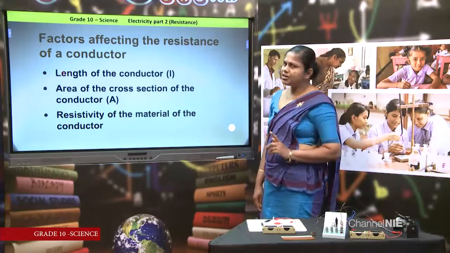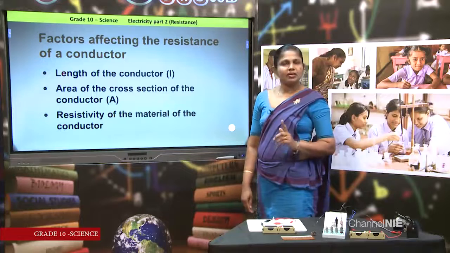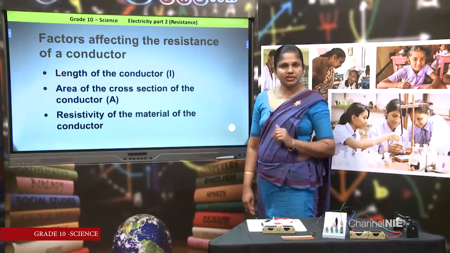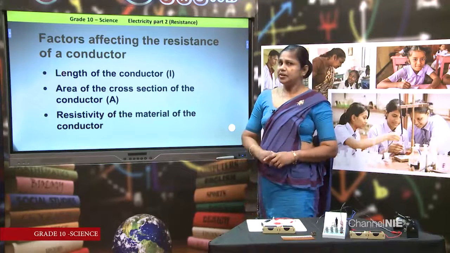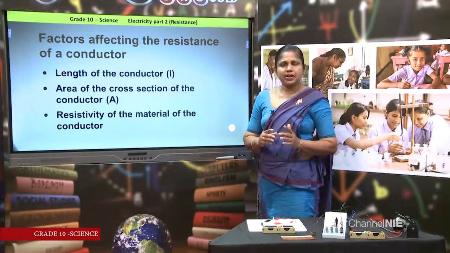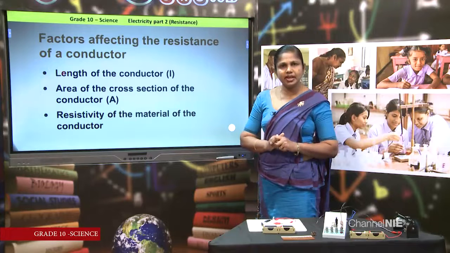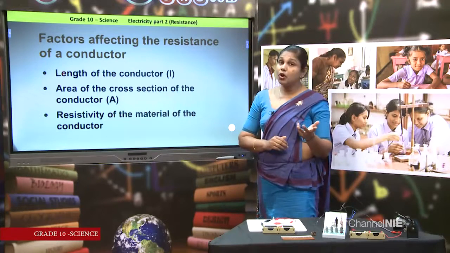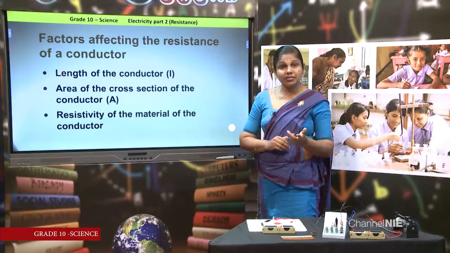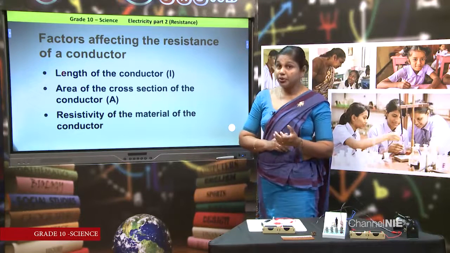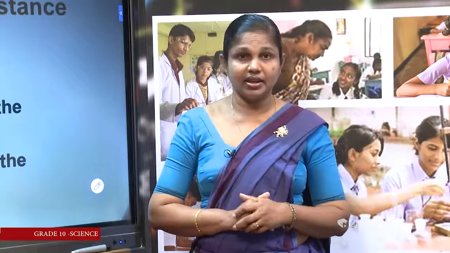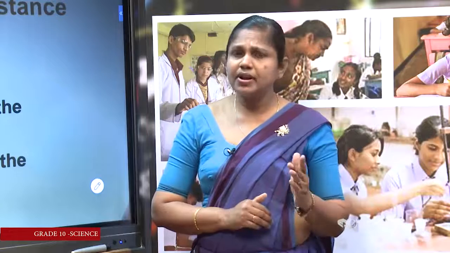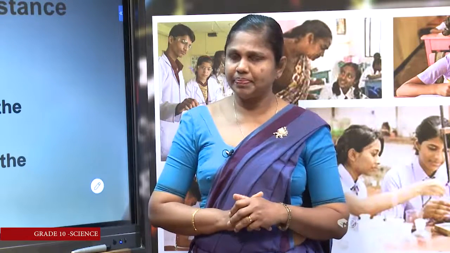Now, we are going to learn the factors affecting the resistance of a conductor. Children, when we use different conductors in different circuits, mostly we use copper, aluminium, iron wires, nichrome wires in our circuit. Depending on the requirement of the circuit, different wires are used.